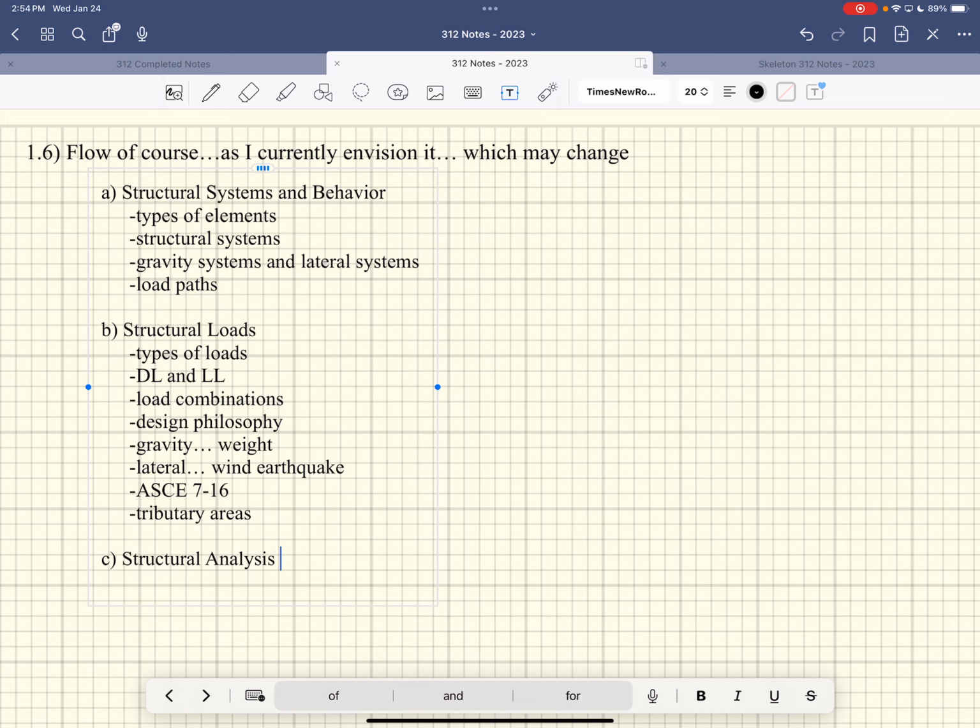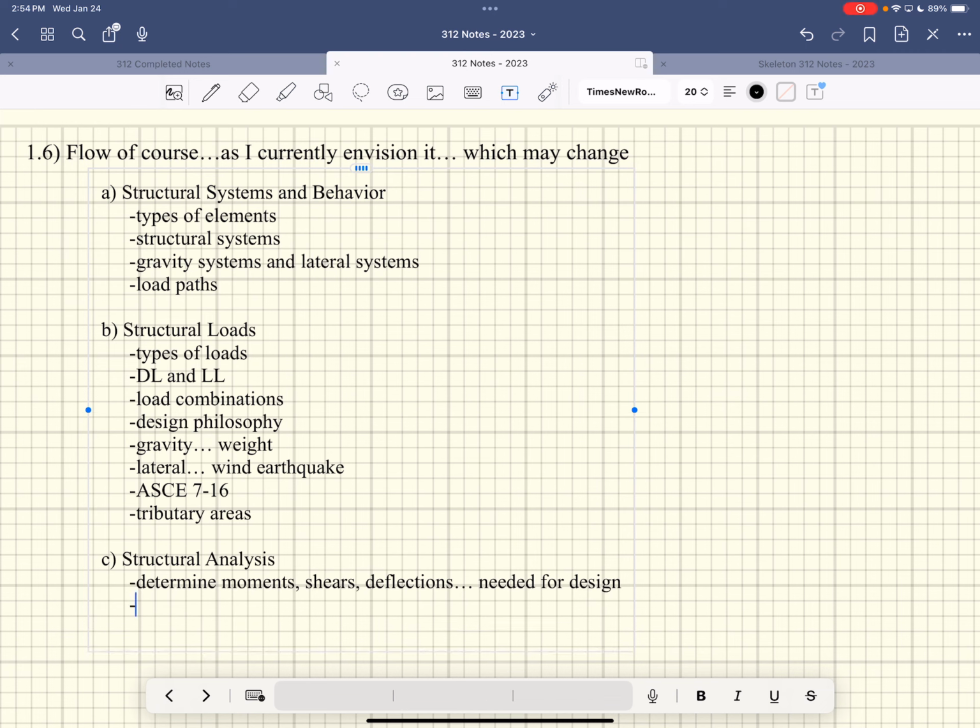This is going to be determining moments, shears, deflections needed for design. We can't do design. Design is Structures 2, but we need these things, moments, shears, and deflections, in order to design. Structures 2 will be over here in the design, but we'll talk about where we get those things from.